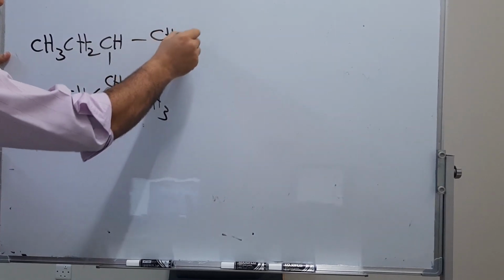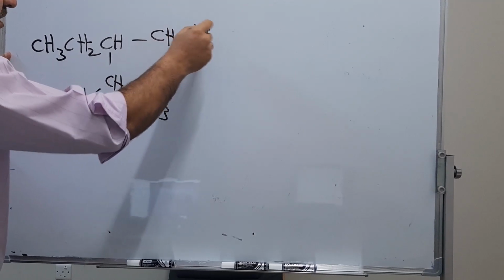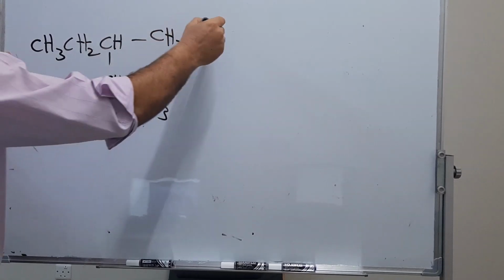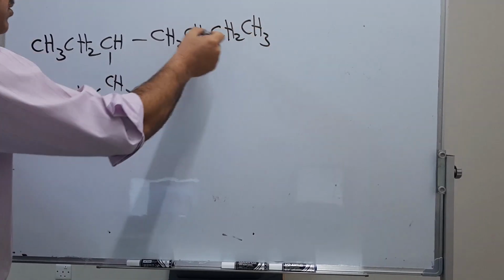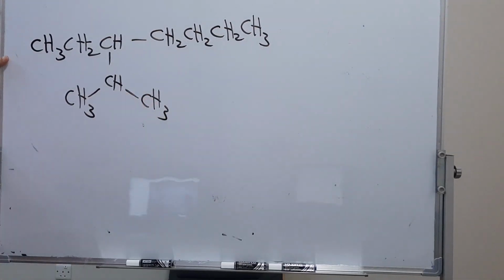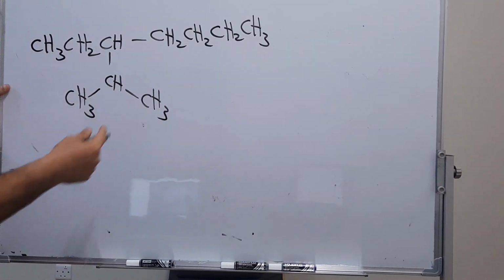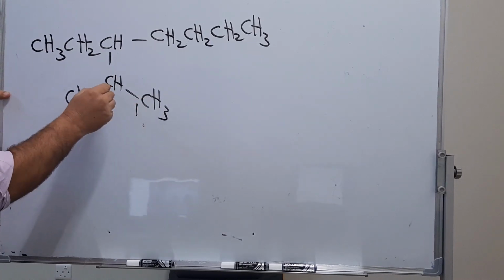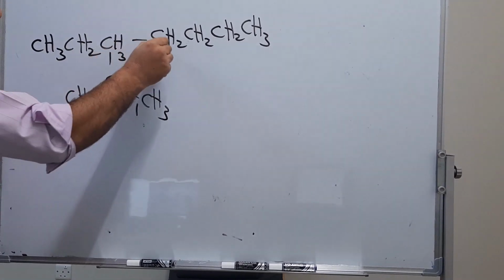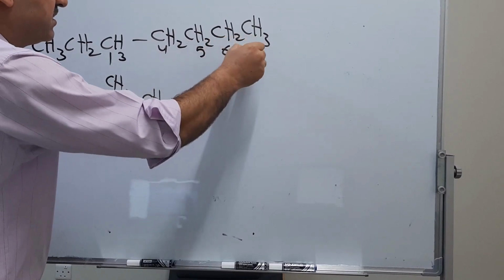Then CH2, CH, I think 1, 2, 3, 4, 5, CH2, CH3, 1, 2, 3, 4, 5, 6, 7. Yeah, right. Okay, so this was our example after we applied the first rule, the longest chain, and the numbering of the chain. So we'll end up with this: 1, 2, 3, 4, 5, 6, 7.